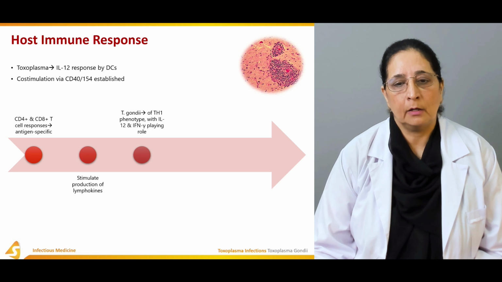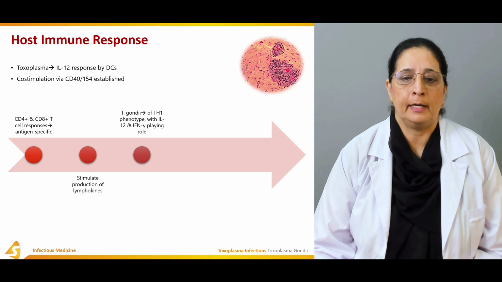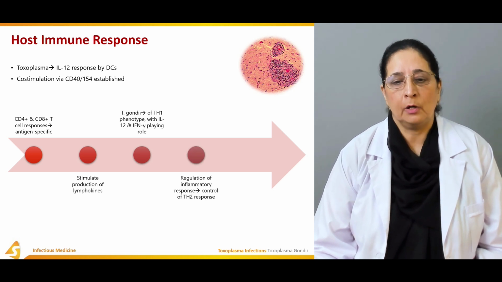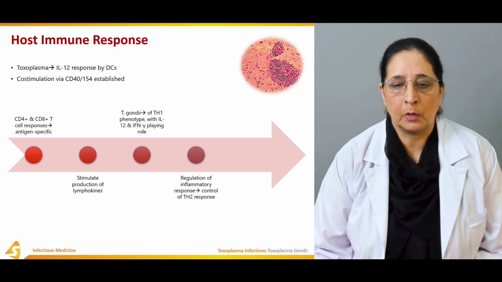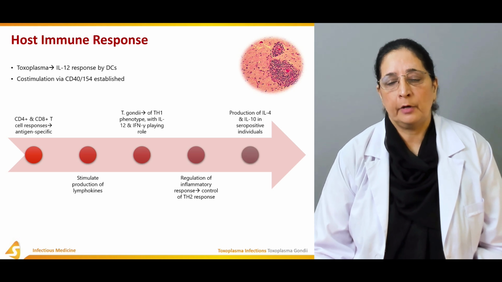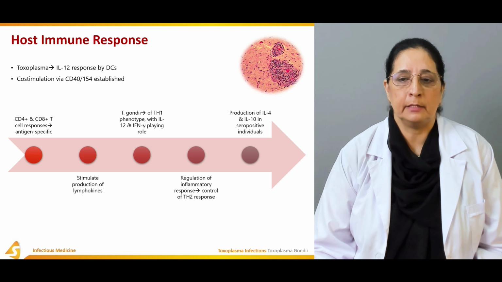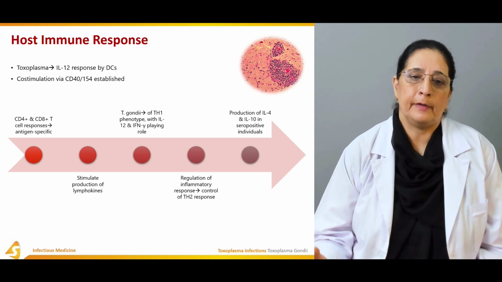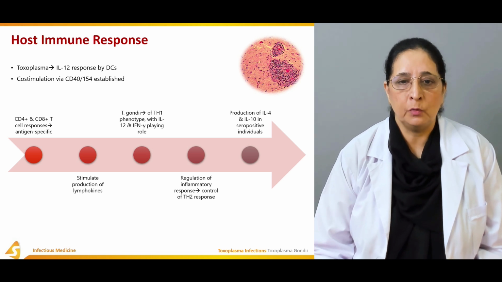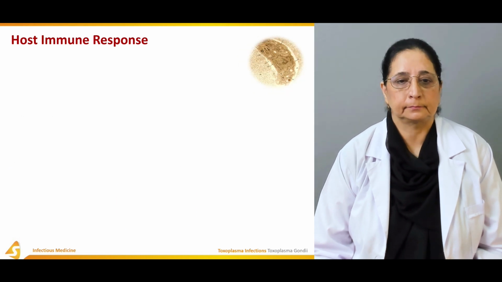The response to Toxoplasma gondii is of Th1 phenotype, with IL-12 and IFN gamma playing a role in regulation of the inflammatory response and control of the Th2 response, with production of interleukin 4 and 10 in seropositive individuals. So all these factors are responsible for the host immune response in toxoplasmosis.